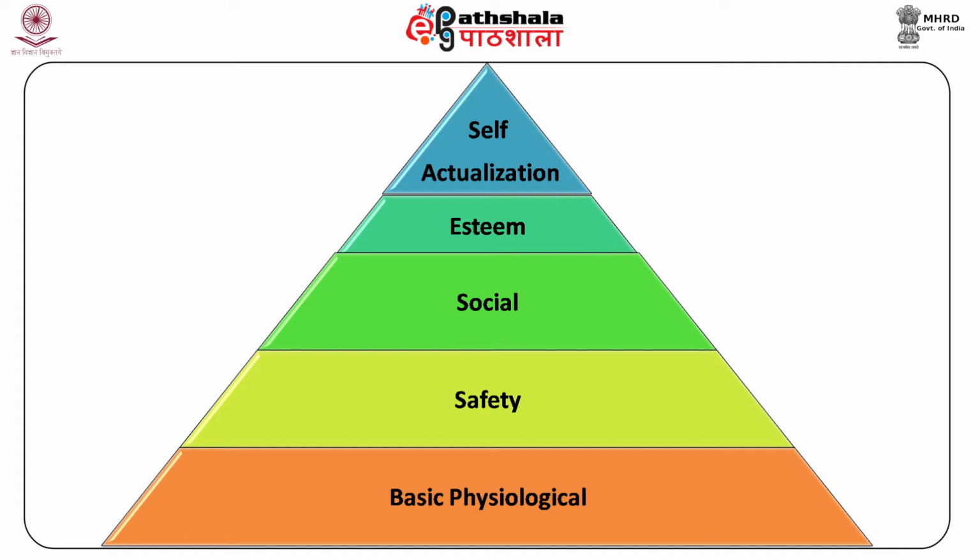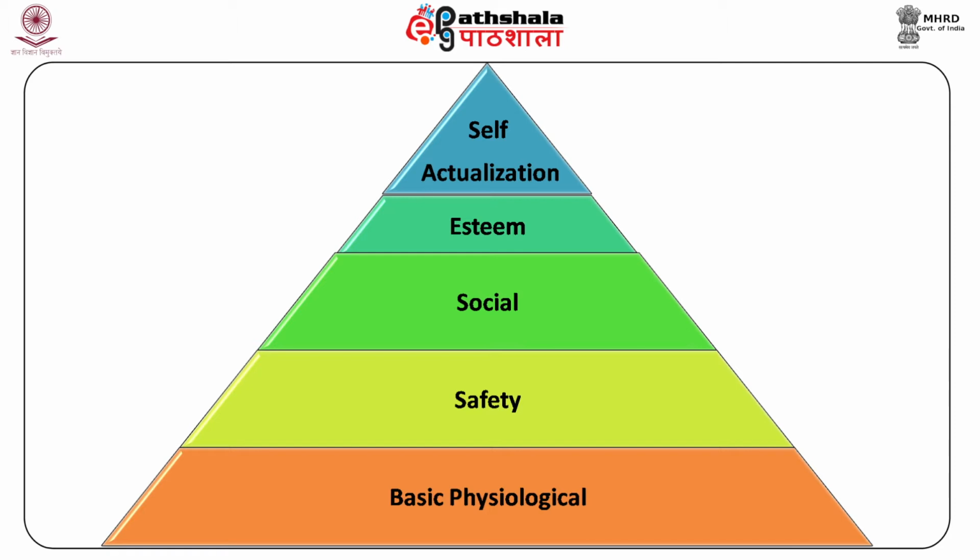The next need in the hierarchy is esteem needs. Esteem needs can be subdivided into 2 parts: first, self-esteem, and second, esteem of others. Self-esteem needs cover self-respect, self-confidence, knowledge and independence. Esteem of others means reputation, status and recognition.